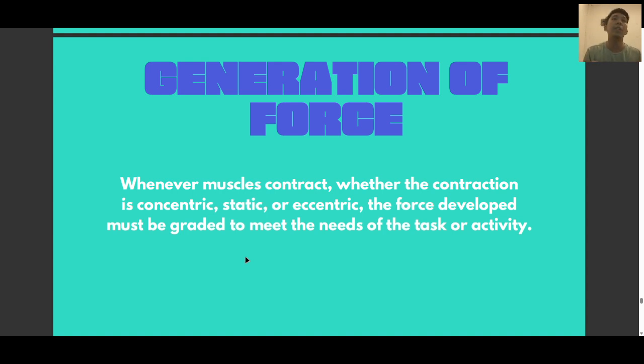Why is it different? Because when lifting a heavy dumbbell, we should also consider the weight of the dumbbell, the size of your muscle, and the muscle fibers that are activated when you lift the object.